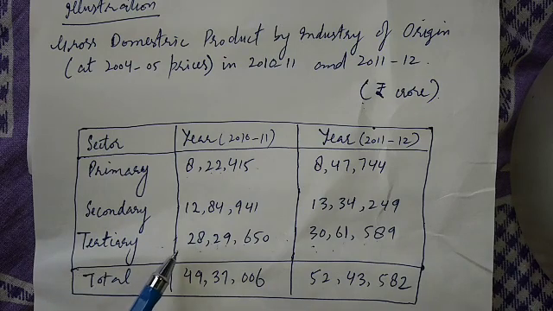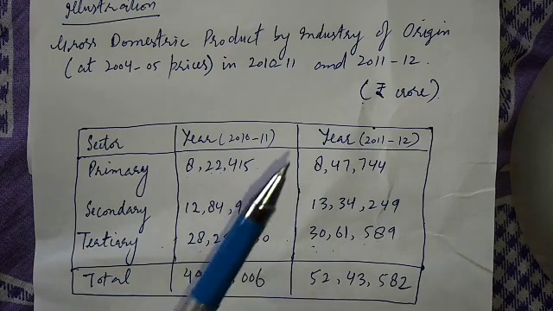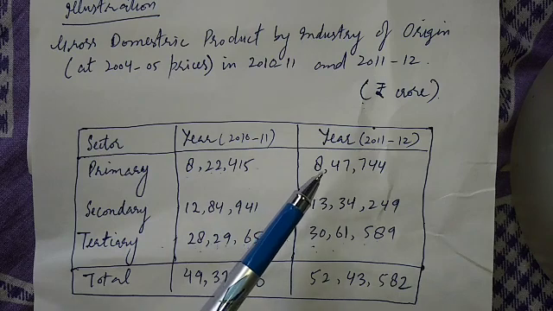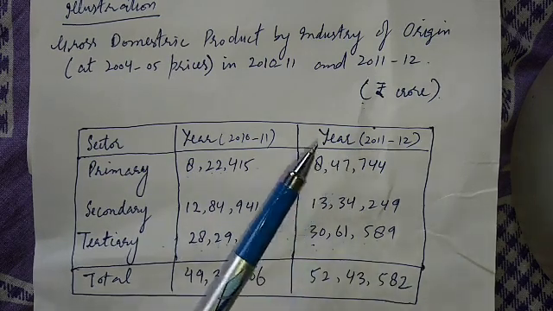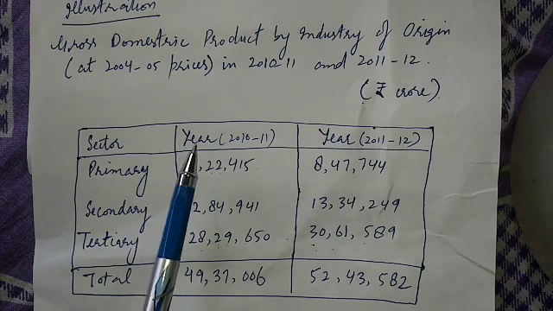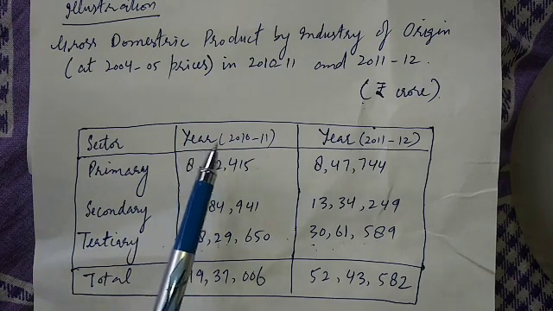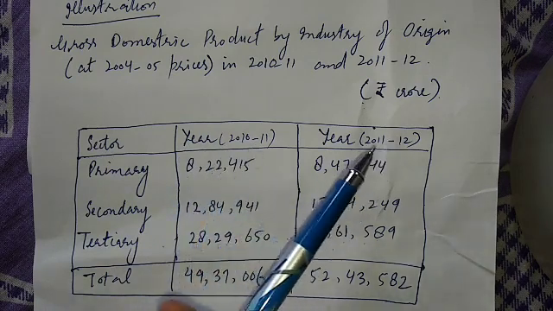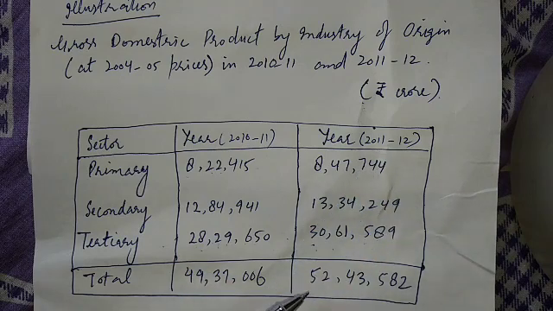Tertiary sector is 28,29,650 and in year 2011-12 it's 30,61,589. Now total is 49,37,006 in year 2010-11 and in 2011-12 it's 52,43,582.